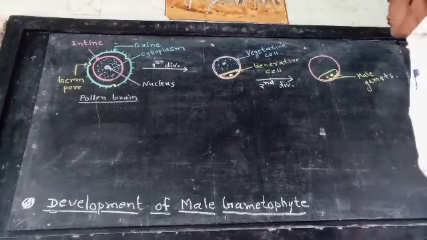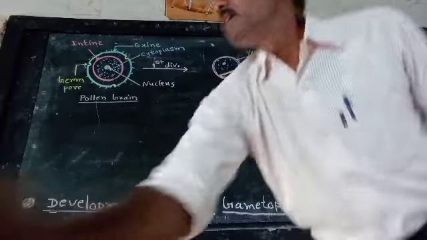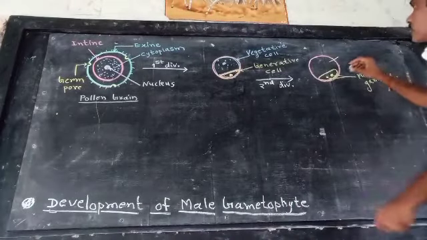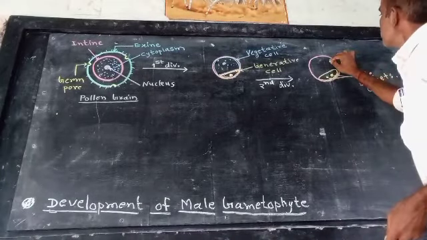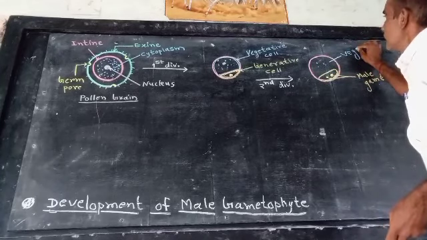And afterwards, the two male gametes exert a pressure within the pollen grain.